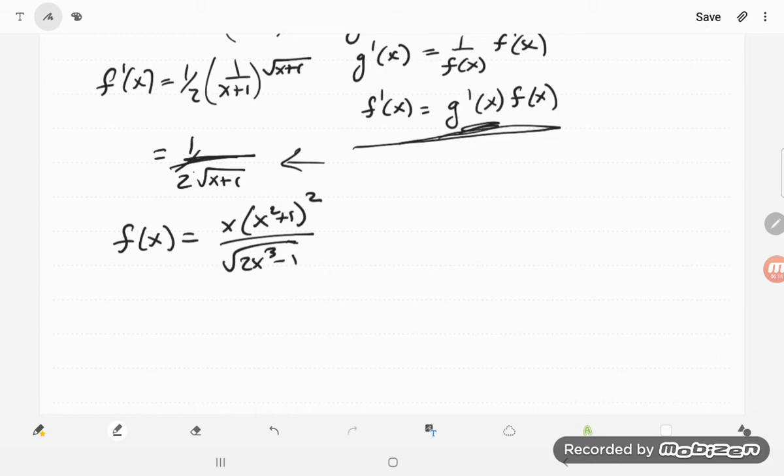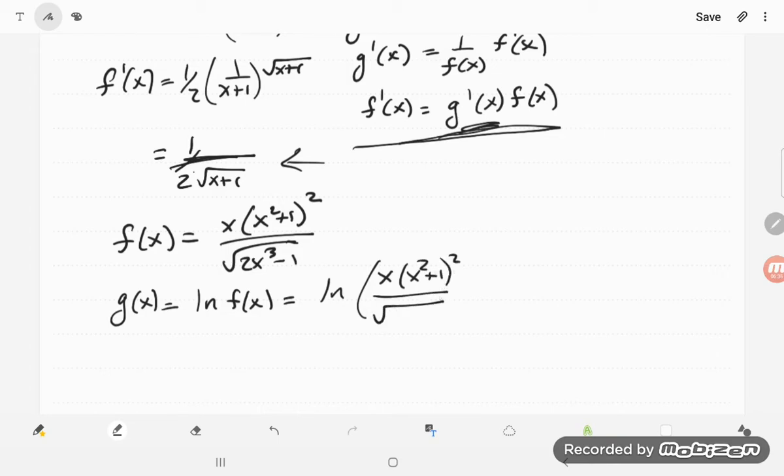Now if I define g of x equal to the natural log of f of x, that's the natural log of that whole big mess.